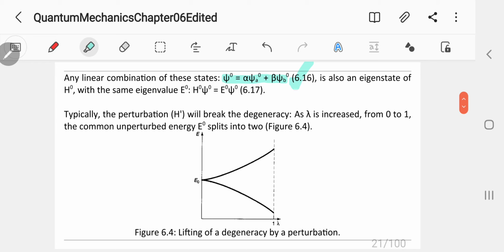Here we have this combination, which is also an eigenstate of H0, with the same energy.